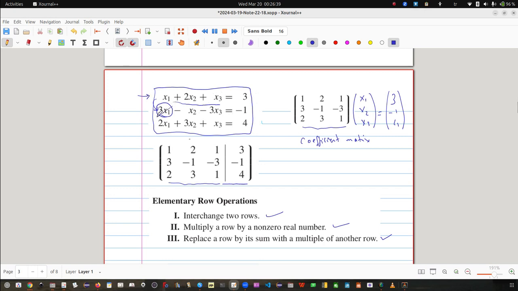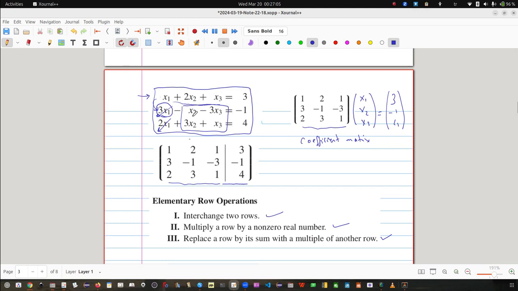Then we eliminate the existence of the variable in the second equation. And then similarly, if you multiply the first equation by 2 and subtract from the third equation, then the first variable will disappear from the third equation. Then the appearance will be less unknowns in the equation.